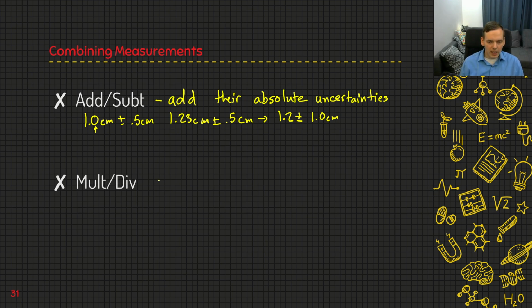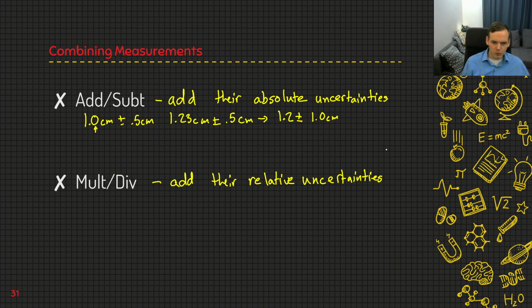If we multiply or divide, we're going to add their relative uncertainties. And then we have to multiply it by our final value to get the actual absolute uncertainty again if we want.